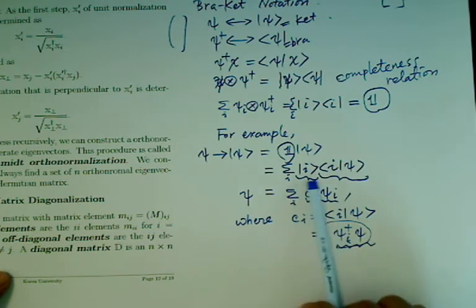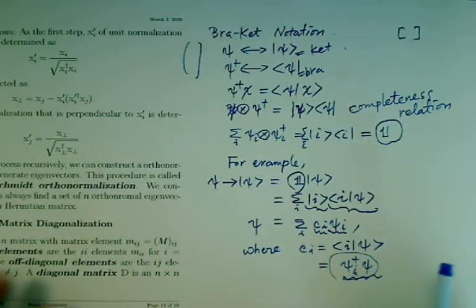We remember this coefficient can be obtained by projecting out the ith component, that is, multiplying the psi I component to this ket psi. That is simply, in the bracket notation, bra I and ket psi.